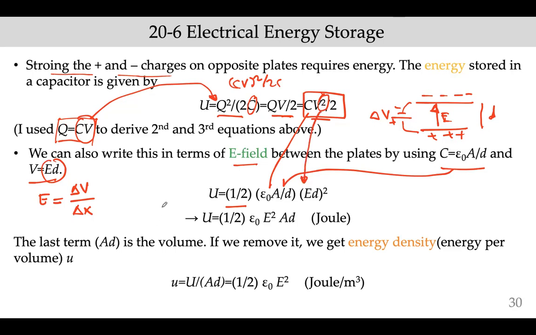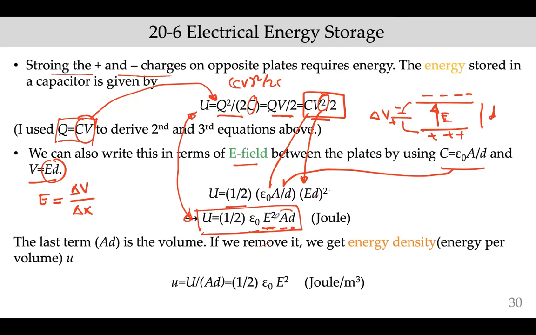So we can rewrite it as: we have D squared here, we have D here, so finally we have D, and we have area, electric field squared, E squared, and the permittivity of space, epsilon 0. So if you want to write the energy stored in a capacitor in terms of area, the separation between the plates and the electric field, you can use this formula. These are all equivalent formulas.